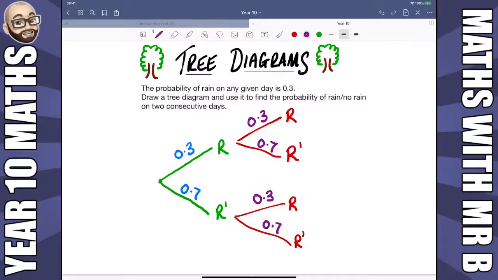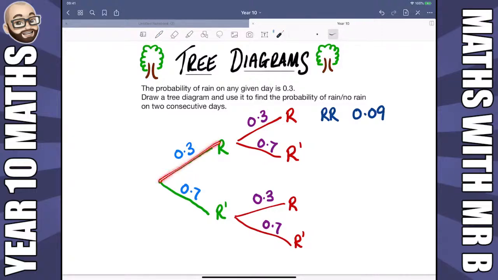So I'm going to write this as RR, rain and rain. And the probability of it raining and raining is 0.3 times 0.3, which I can do in my head is 0.09. So there's a 0.09 chance of it raining on 2 days in a row.